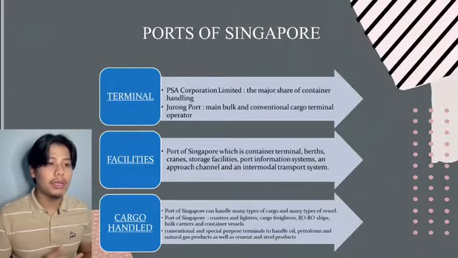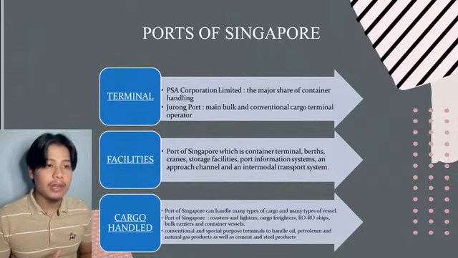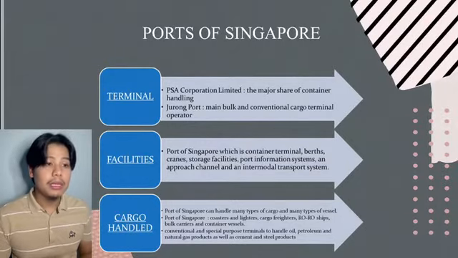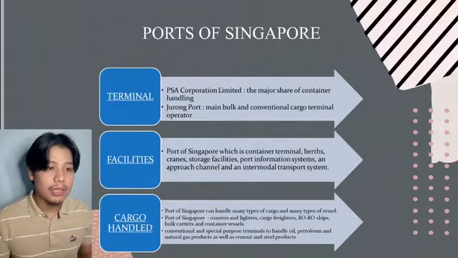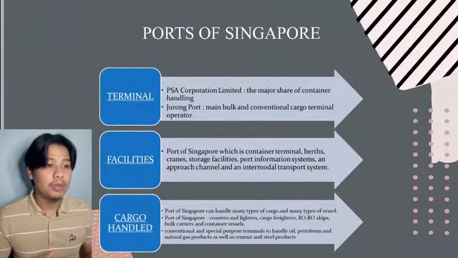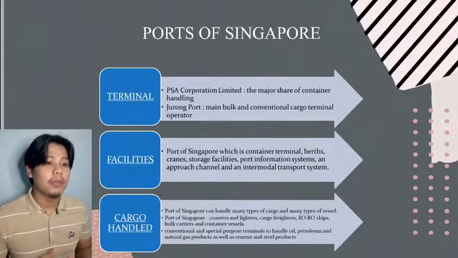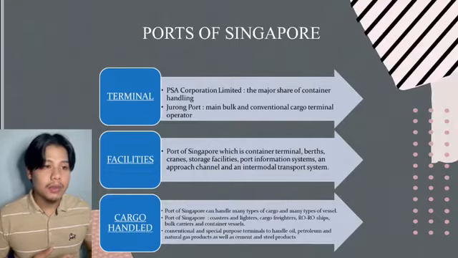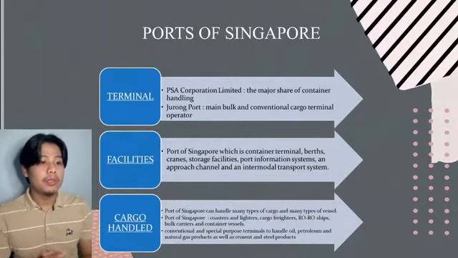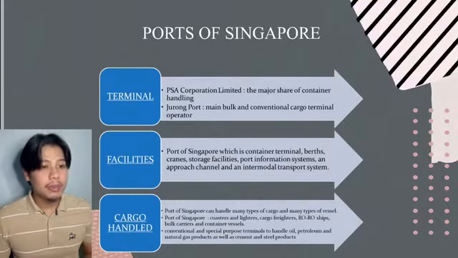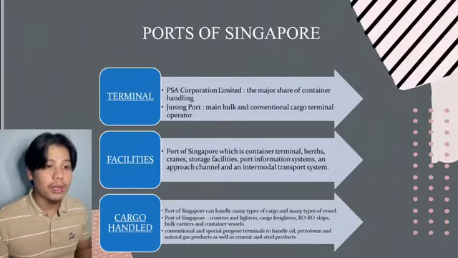About the facilities, there are many facilities provided in Port of Singapore, which are container terminals, berths, cranes, storage facilities, port information system, approach channel, and an intermodal transport system. The last one is about cargo handling. Terminals at Port of Singapore can handle many types of cargo and many types of vessel.